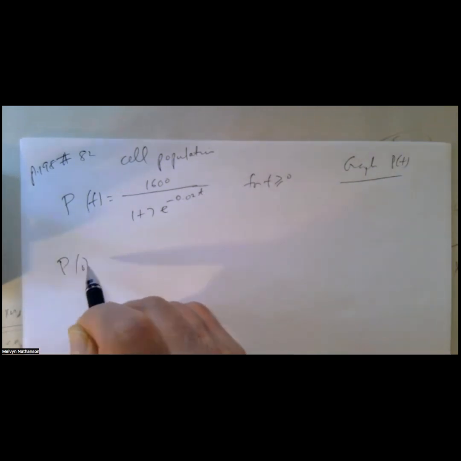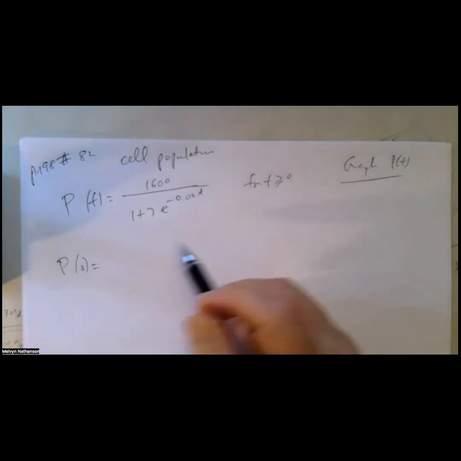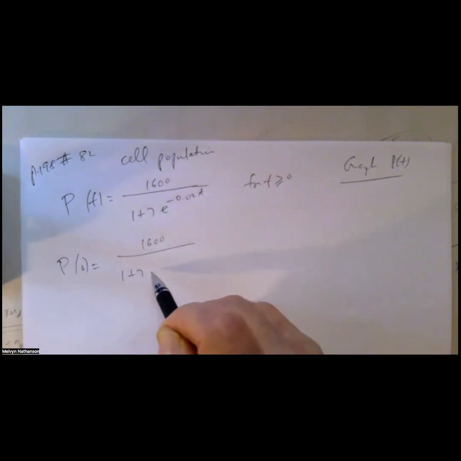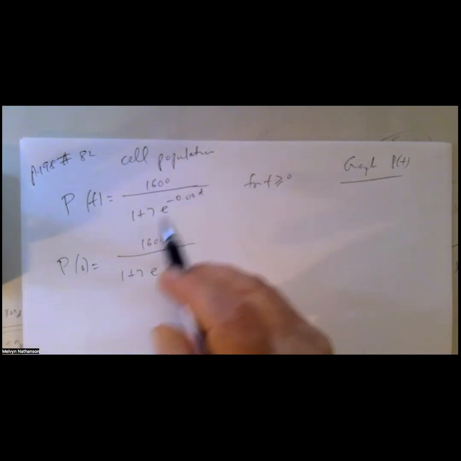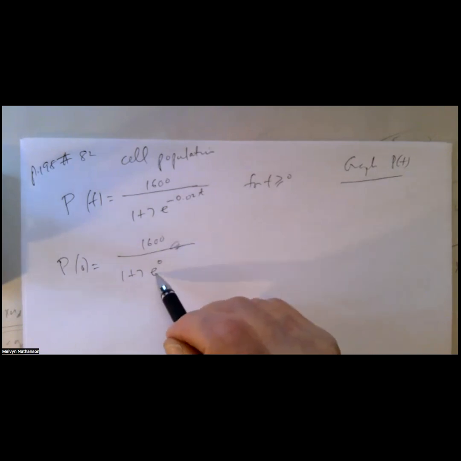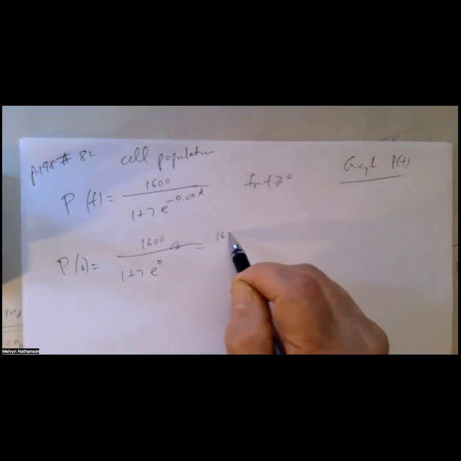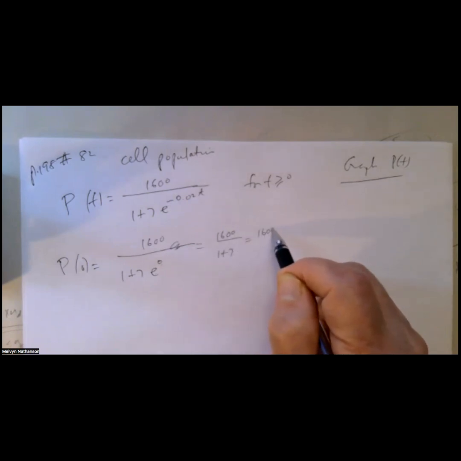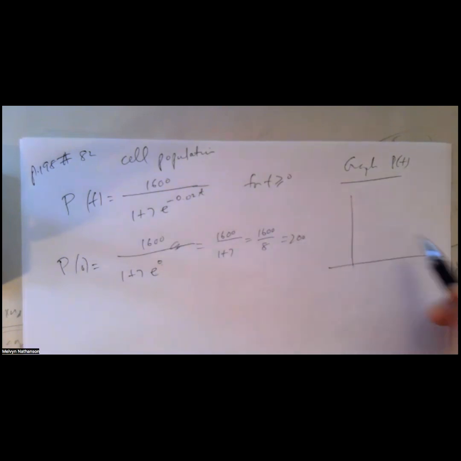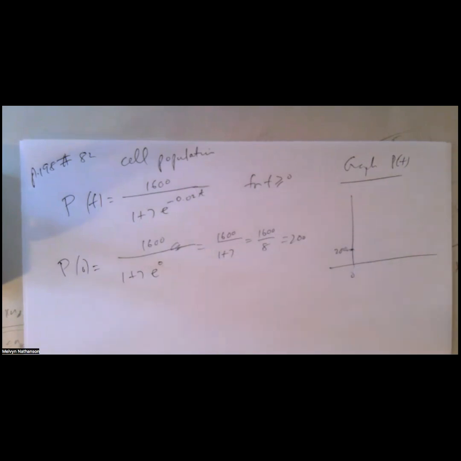At time 0, P of 0 is 1600 over 1 plus 7e to the 0, since when t is 0 the exponent is 0, and e to the 0 is 1. So this is 1600 over 1 plus 7, or 1600 over 8, which is 200. So the initial population at time 0 is 200.